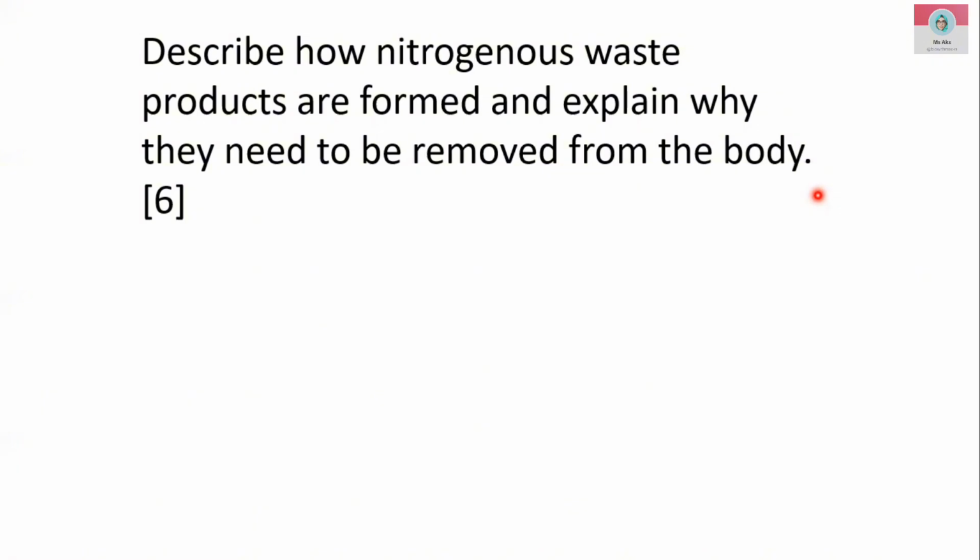So you talk about what happens to these excess amino acids. You need to talk about removing the NH2 group and combining it with hydrogen to form ammonia. Ammonia is then further converted into urea by combining it with carbon dioxide through the ornithine cycle. And that urea will be transported to the kidneys to be excreted as part of our urine.